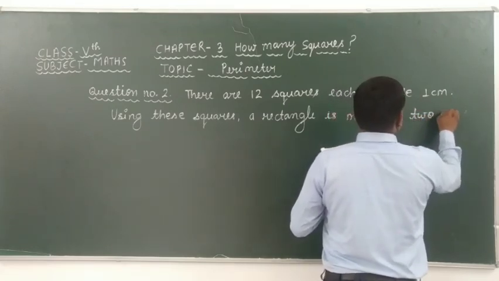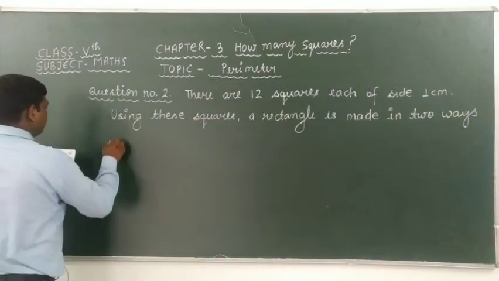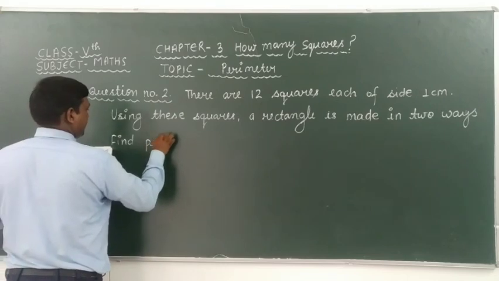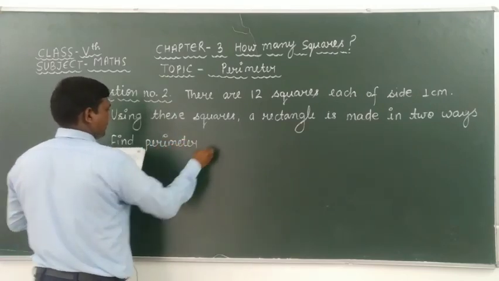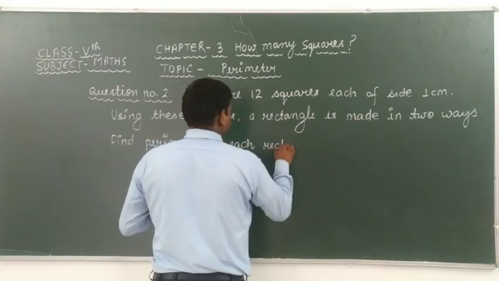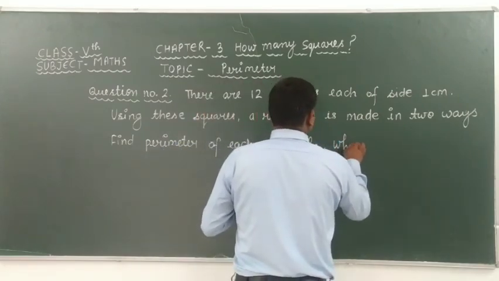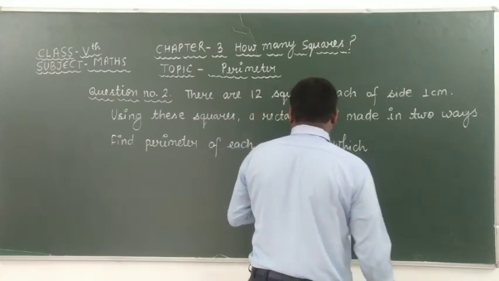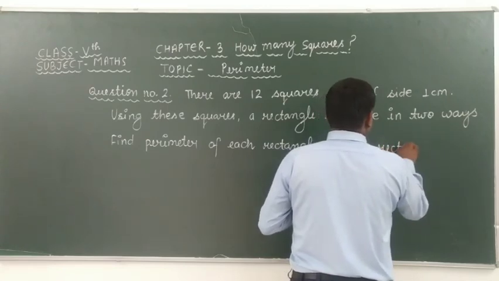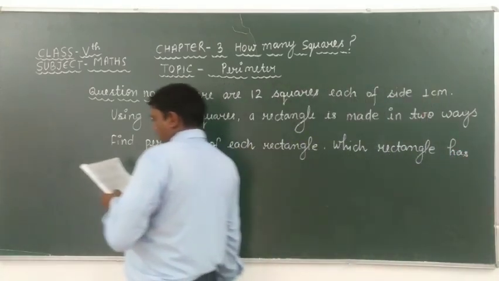Find the perimeter of each rectangle. Which rectangle has the larger perimeter?